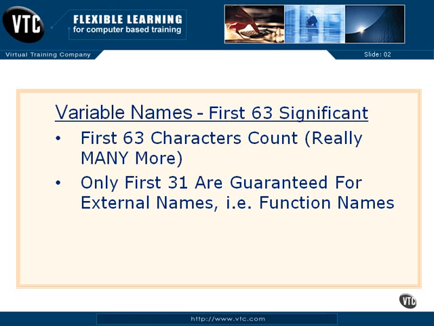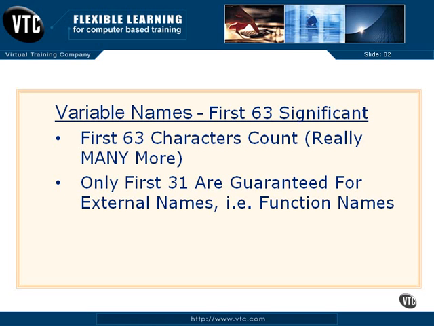In reality, though, today's compilers, for example, our Microsoft C compiler that we're using, will go out 2,048 significant characters. If you have a variable name that is 2,048 characters, you need to start your programming career over again because there are other issues involved. So as far as the standard is concerned, 63 characters count, but there's really many more.